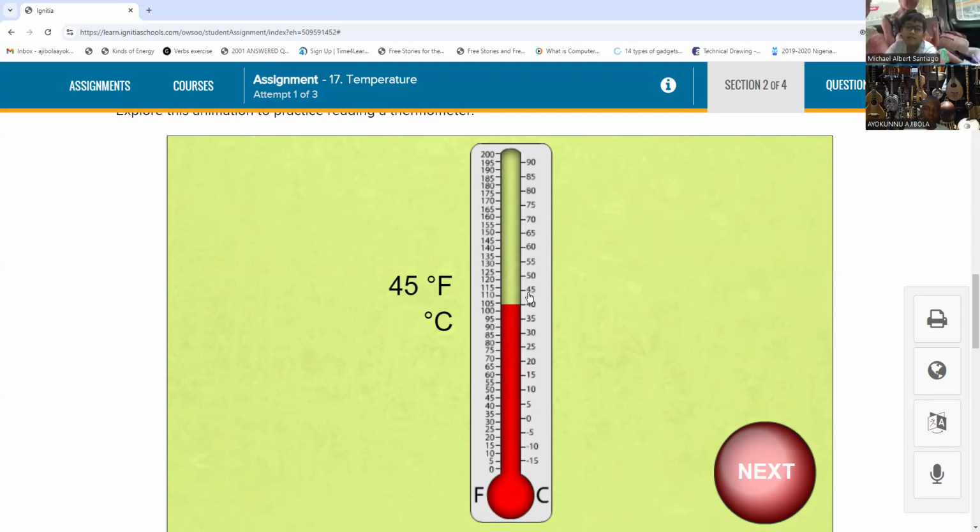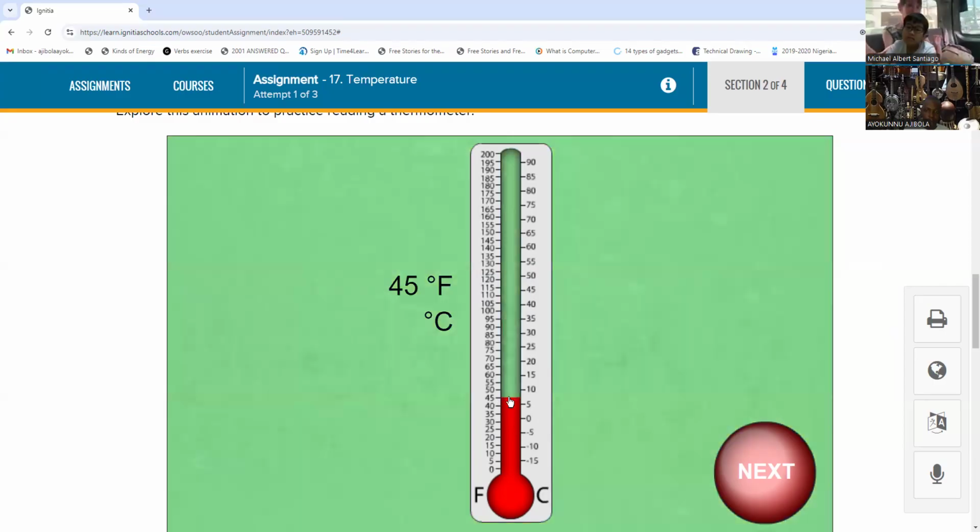Then the next one, 45 degrees Fahrenheit. 45 degrees Fahrenheit, that's correct. The next one, 15 degrees Celsius. 15 degrees Celsius, that's also correct.